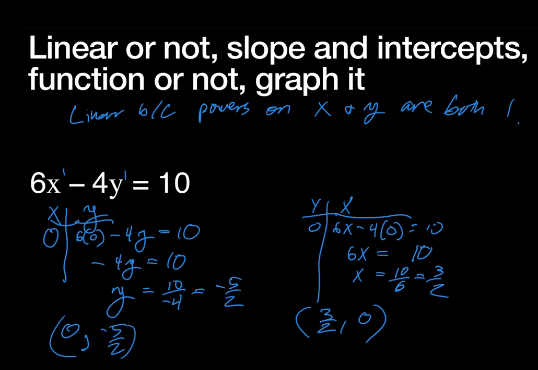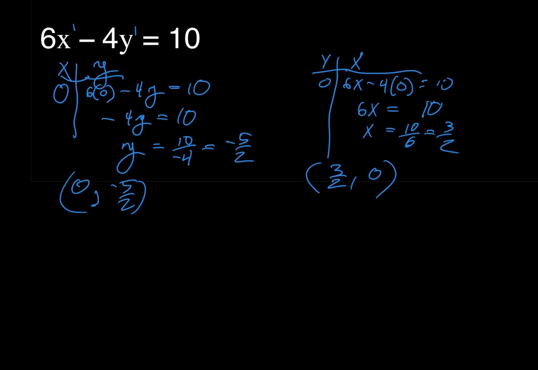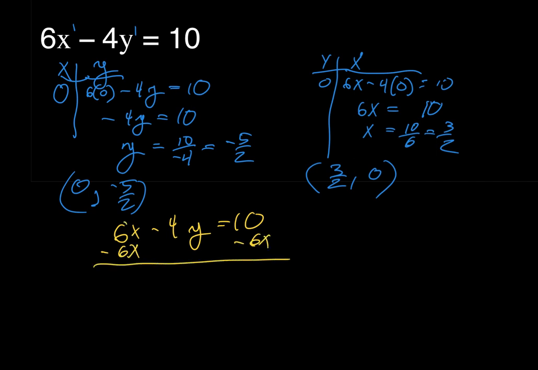If I need to find the slope, I can put it into slope-intercept form. So 6x minus 4y equals 10. I want to have y all by itself, so I'm going to subtract 6x from both sides. 6x minus 6x is 0. I'm left with -4y. Don't forget that negative, it's very important.